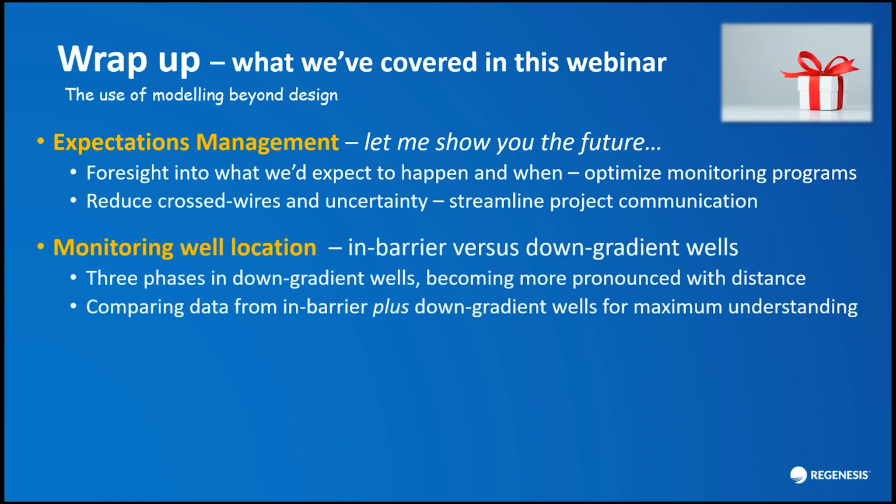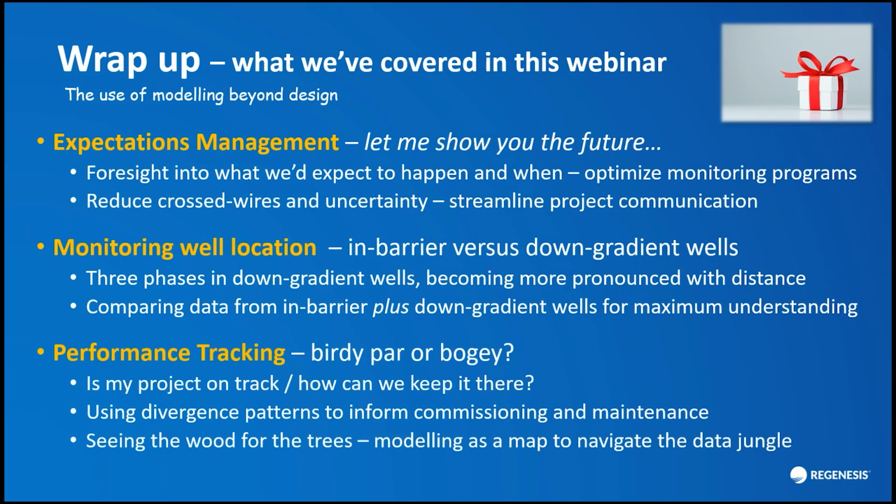We've seen how and why the position of a monitoring well relative to a barrier makes a difference and what these differences mean. And we've touched on how the combination of in-barrier and down-gradient well data helps with calibration and therefore future performance projection. And we've looked at the use of modeling in performance tracking.